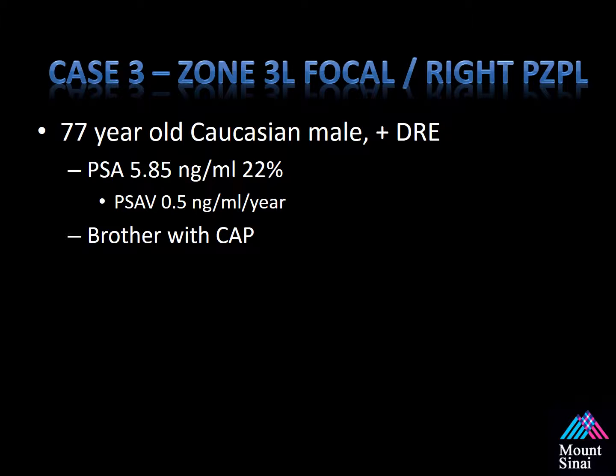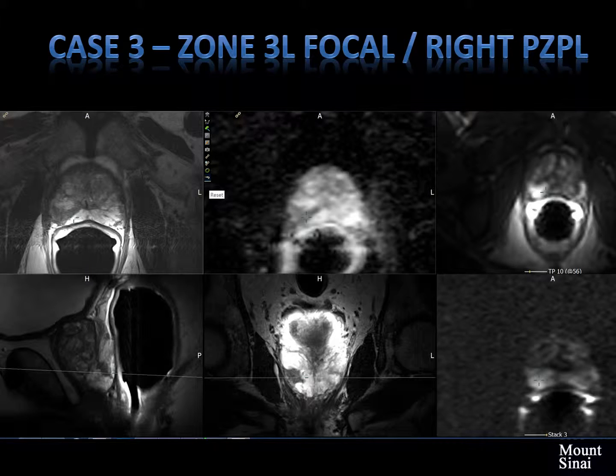I've showed you those zonal anatomies. This will help you look and find the lesion. Can you see the lesion without me helping you? Please look at the T2 weighted imaging as well as the ADC map, the contrast, and the B2000. Do you see it yet? Think about this.